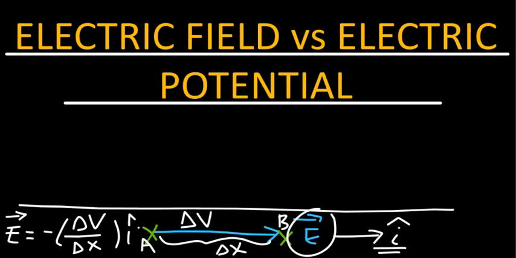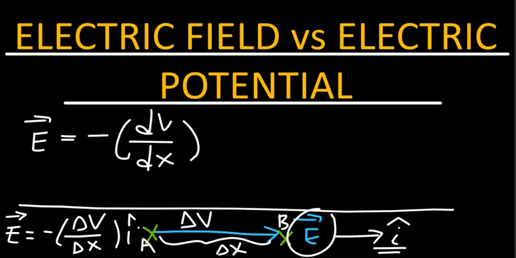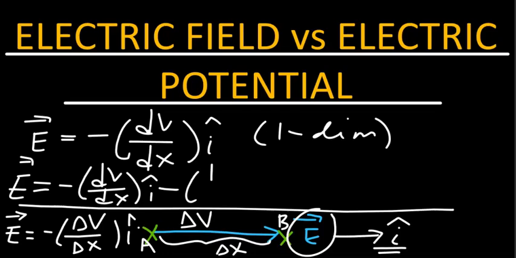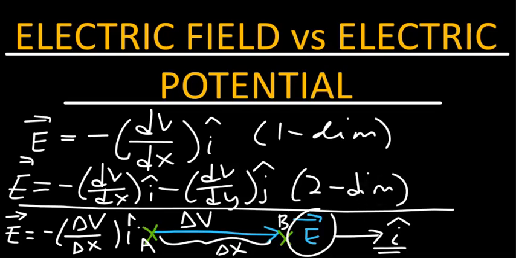In the language of calculus, generally we write electric field as minus dV/dx i hat if we are dealing with a one-dimensional case. If we are dealing with a two-dimensional case, then it's going to be minus dV/dx i hat minus dV/dy j hat.